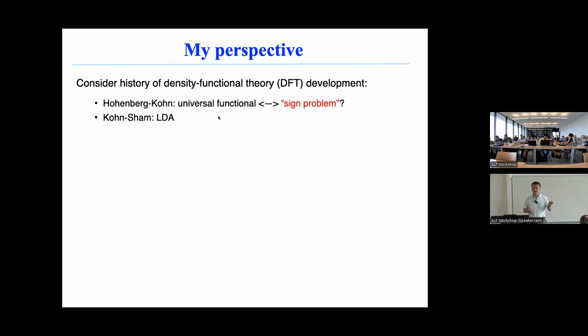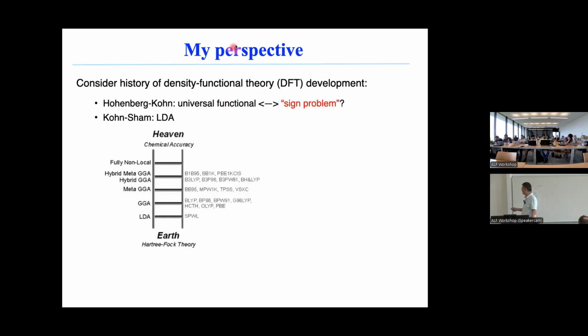But that field dwelled on studying the functionals, but it didn't stop there. It didn't say, we have a problem, we should not apply density functional theory to materials. It went a different way. There's Kohn-Sham, who thought about an approximation using the uniform electron gas.